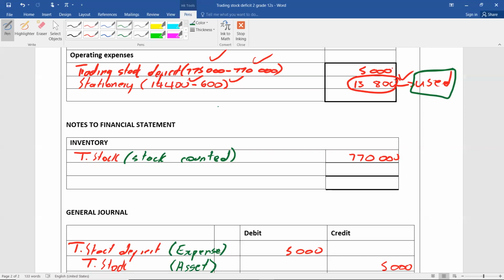In your trial balance, your stationery value was 40,000. And under adjustments, I said only 80% was used.